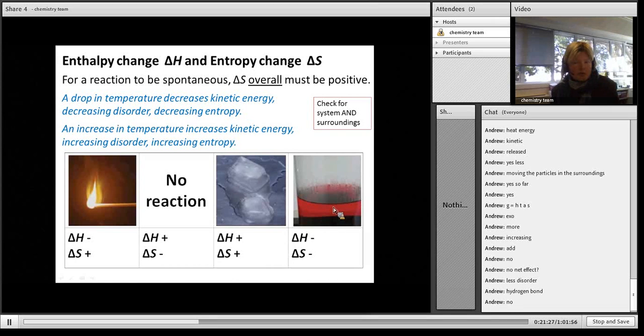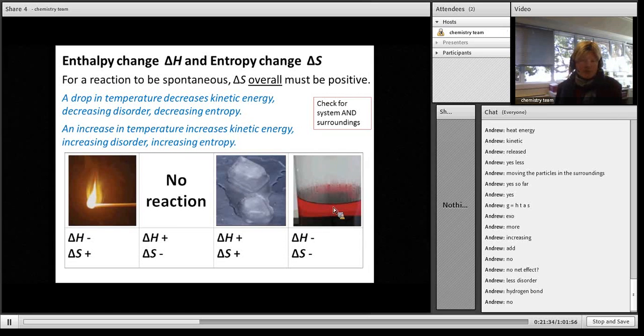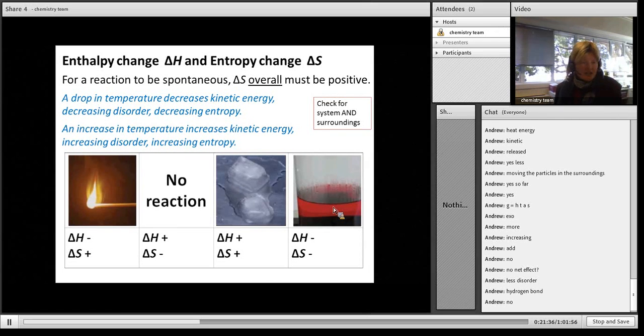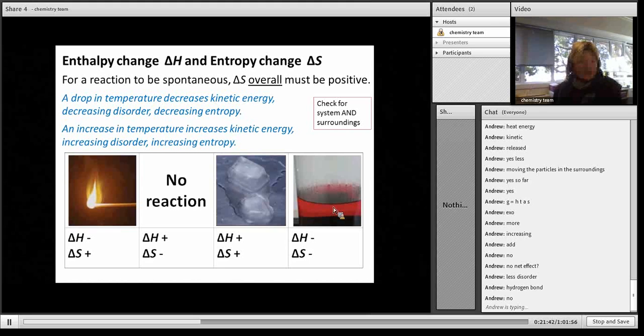So with your water vapor condensing, you've got to talk about the heat being given out, because it's an exothermic reaction, heat being given out to the other gas particles, and so there's going to be more entropy in the surroundings, and so on.